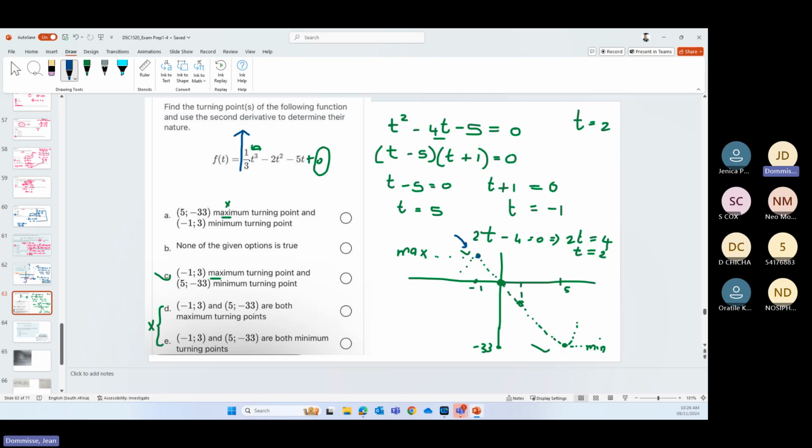But I will get you guys a few steps to see how you can just look at it, so that when you get those points, you know this is the maximum, this is the minimum point. But it does mostly have to do with what is that sign in front of that highest, and I think that is also the highest exponent.